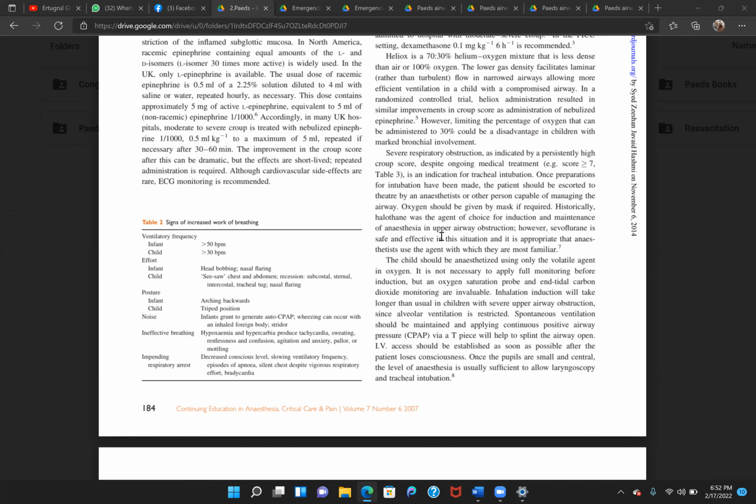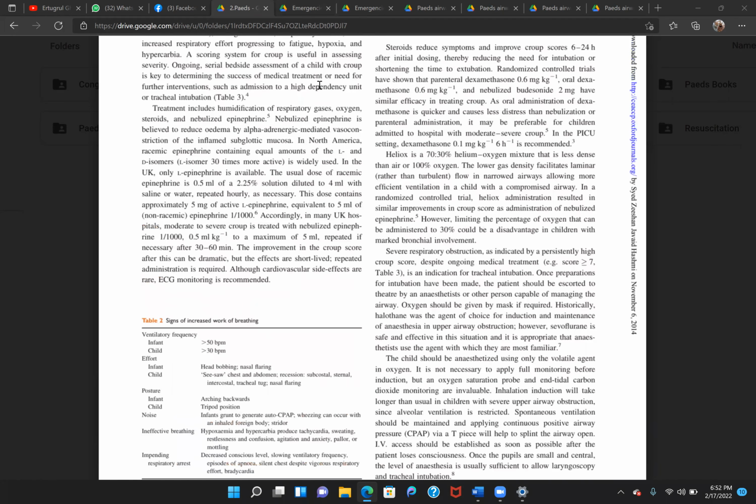This is a challenging situation for the anesthetist, because during intubation the patient may not tolerate it, small size endotracheal tubes will be required, and there may be complete airway obstruction.